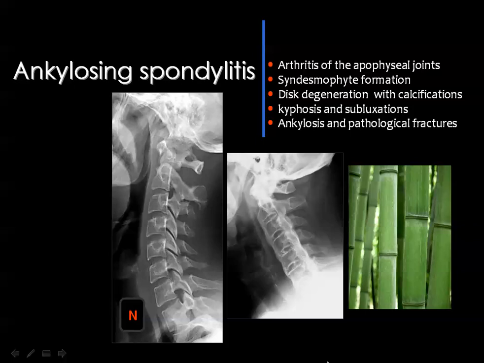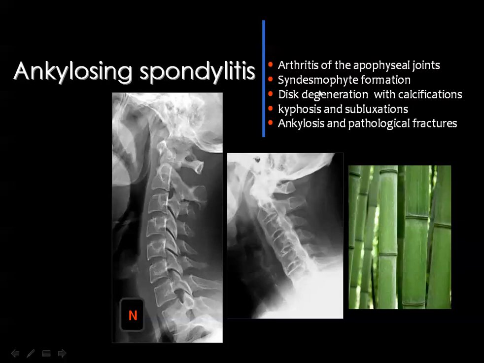In the cervical spine, ankylosing spondylitis affects early the facet joints. This is the normal cervical spine, and these are the facet joints which are intact. But here you can see that there is obliteration or ankylosis of all the facet joints in the cervical spine.